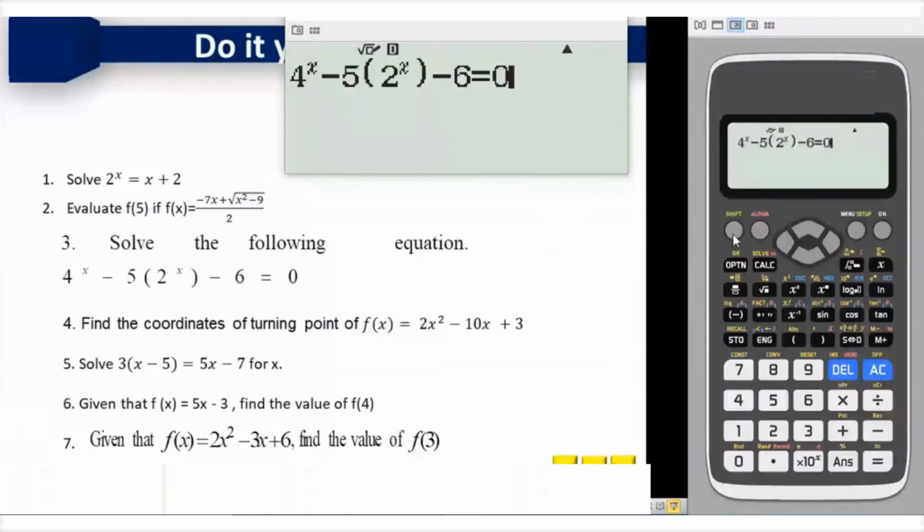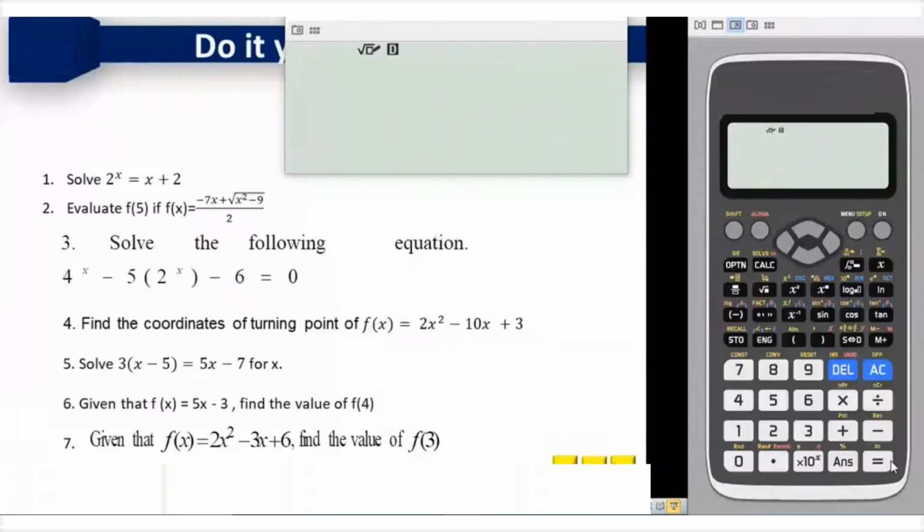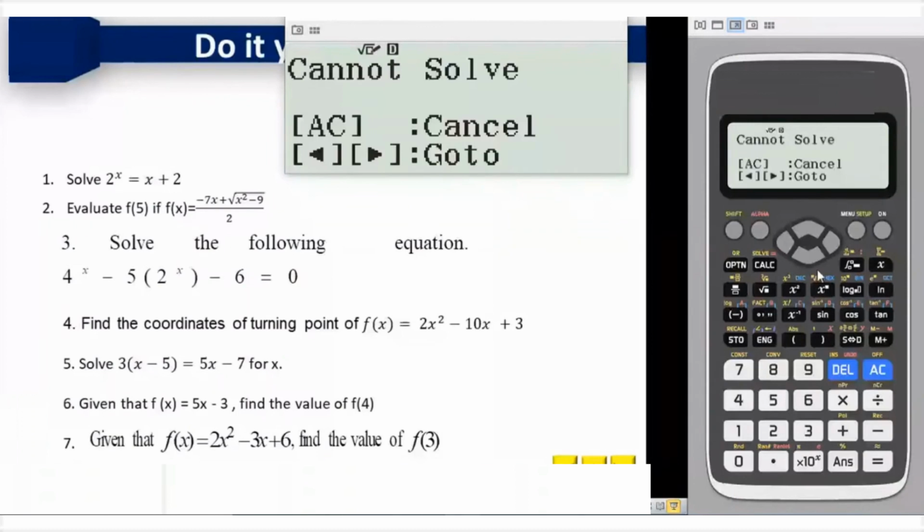So I will press shift and solve. It is telling me the stored value of x is 2. I will prefer starting from 0, and I will press equals, and it says it cannot solve.